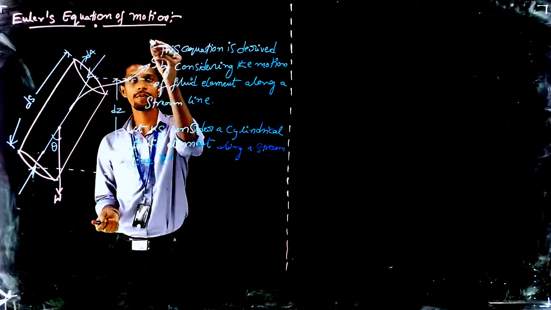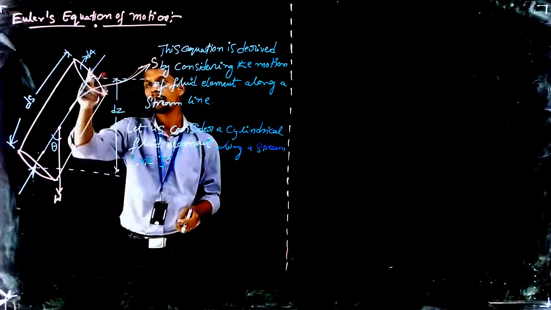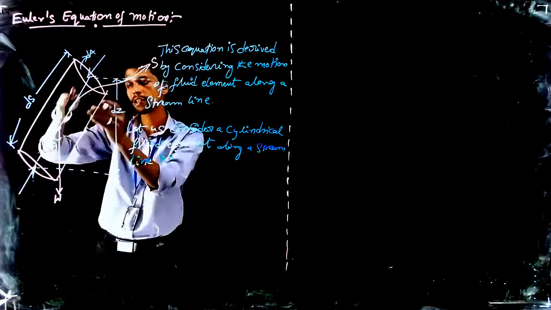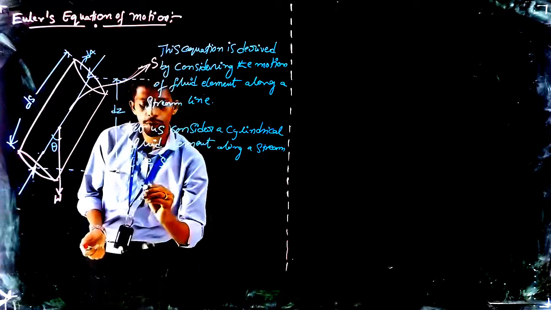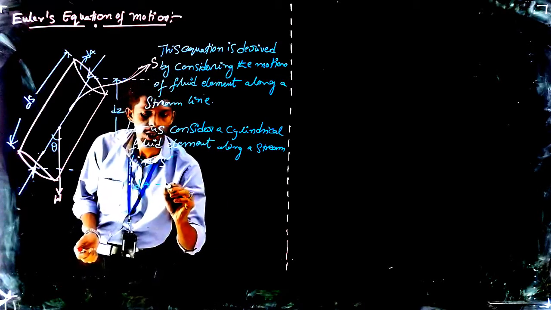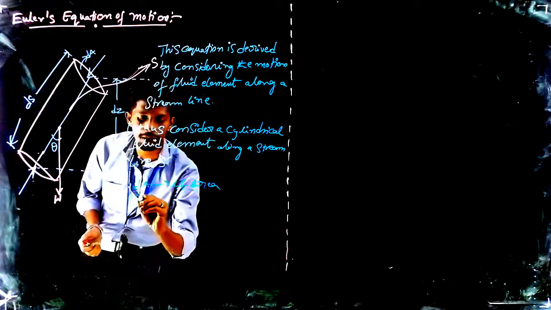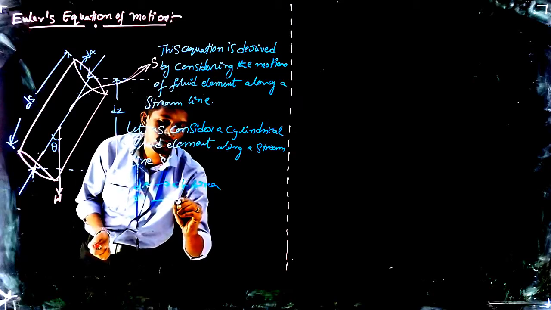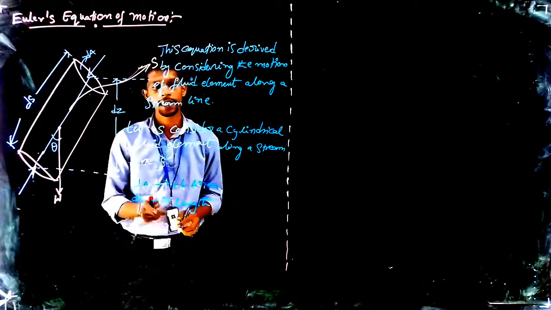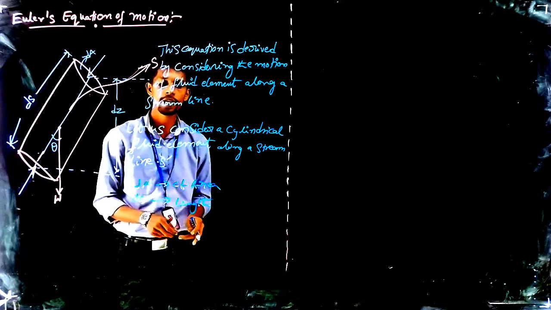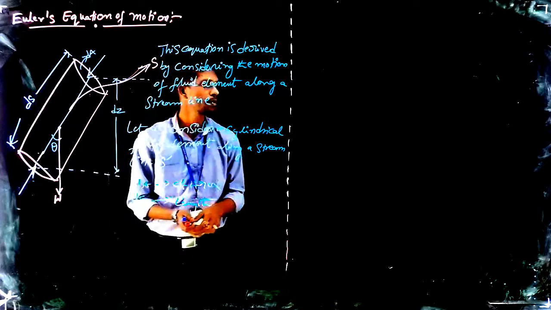So this is the direction of flow. Here S represents the direction of flow. So it is the streamline. In this streamline direction we have selected a cylindrical fluid element. For this cylindrical fluid element, dA is the cross sectional area and ds is the length. So dA and ds are the cross sectional area and length of the particular fluid element. Okay.